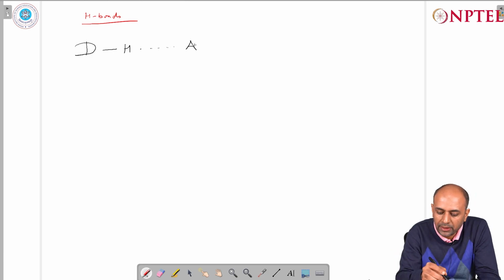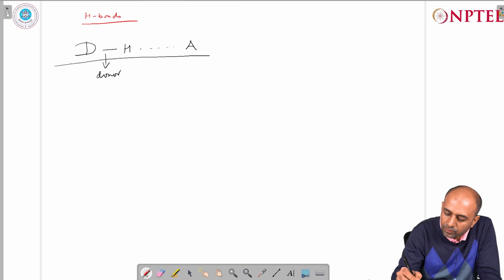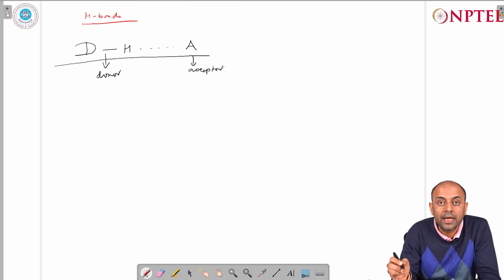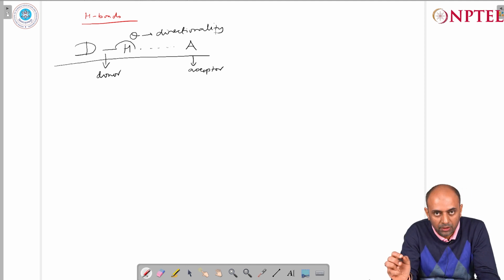we would like to represent it as DHA, where D represents the donor, A represents the acceptor, and the angle represents the directionality associated with the hydrogen bond.